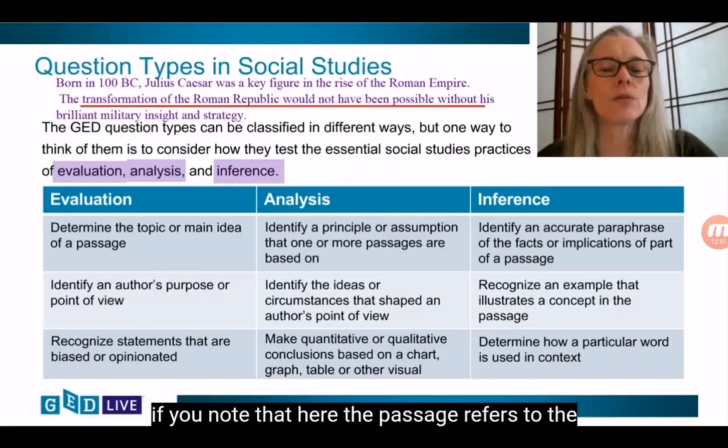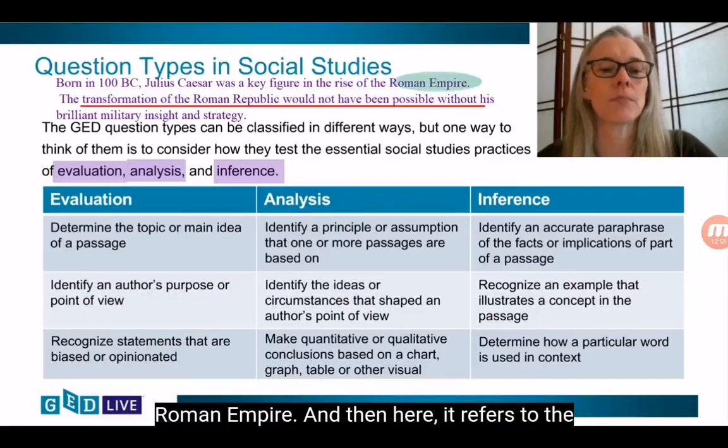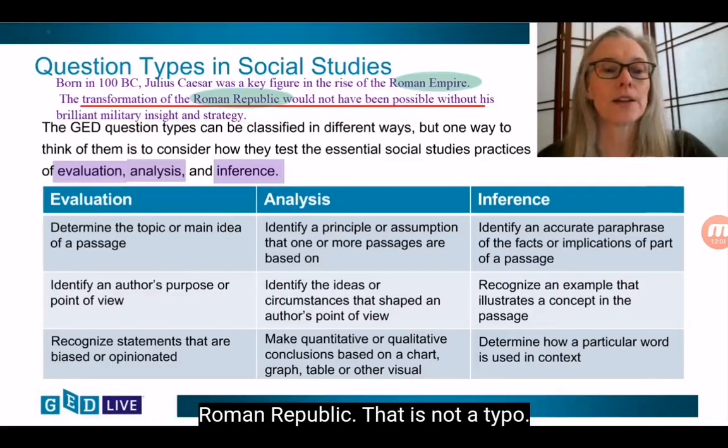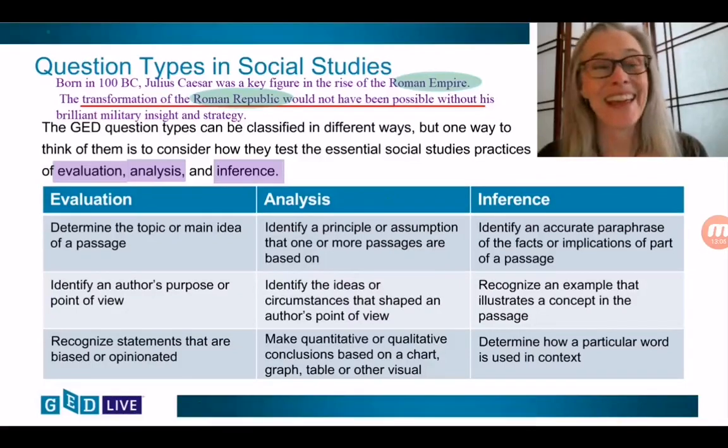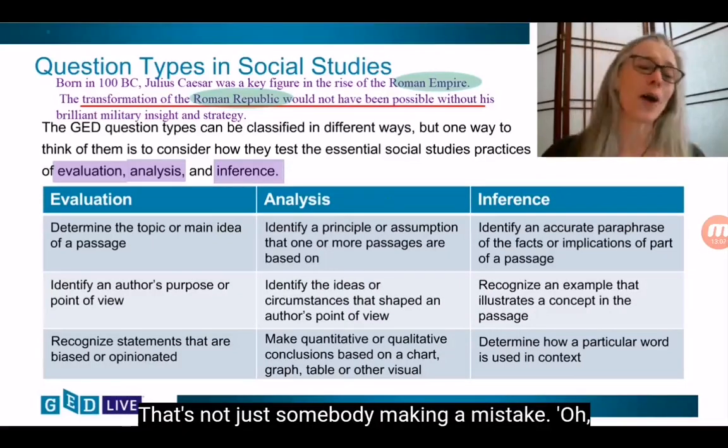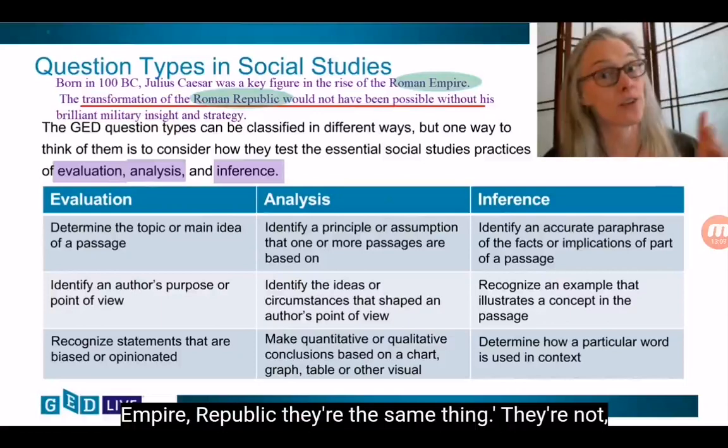If you note that here, the passage refers to the Roman Empire, and then here it refers to the Roman Republic, right? That is not a typo, right? That's not just somebody making a mistake. Oh, empire, republic, they're the same thing. They're not. Right?